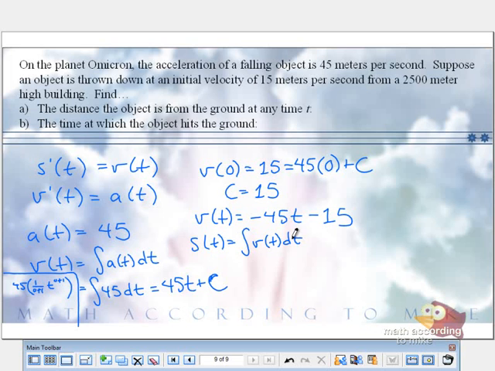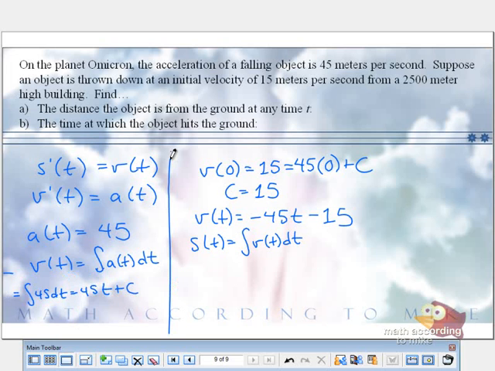I'm going to move this line over to get some room. So that would be the antiderivative of negative 45t minus 15 with respect to t.